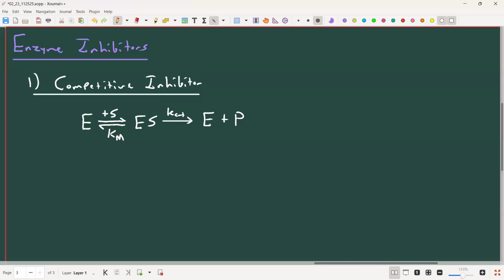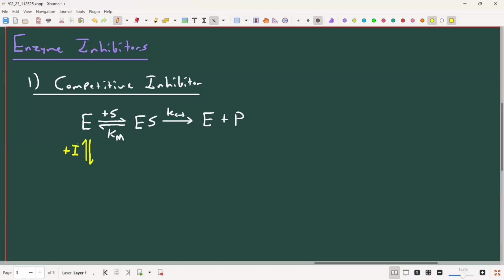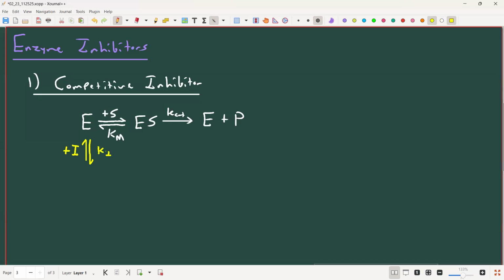So what we're going to apply is what's called an inhibitor, which is a drug that will bind to the enzyme and compete with the binding of the substrate. We want to give the enzyme something else to do so it doesn't deal with the substrate. So we can draw another series, going another direction, by adding an inhibitor, which we call I, and we'll say that this has a rate of association Ki.